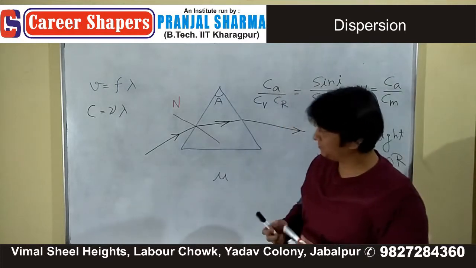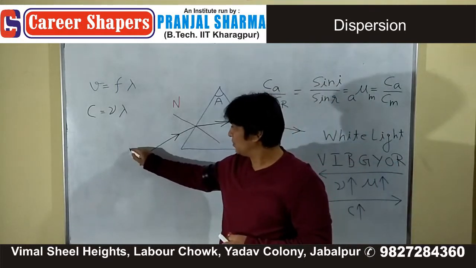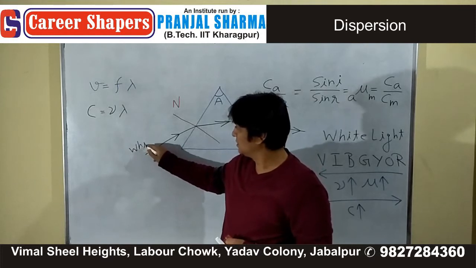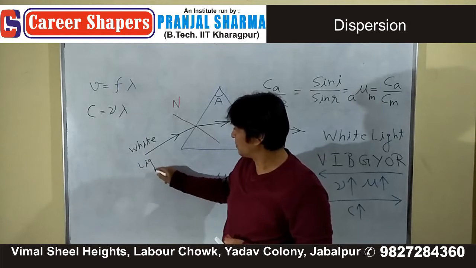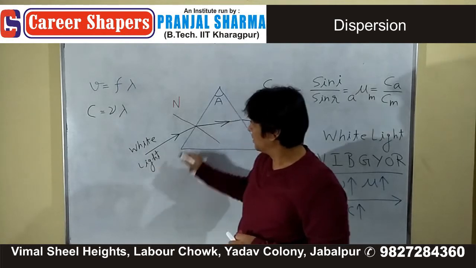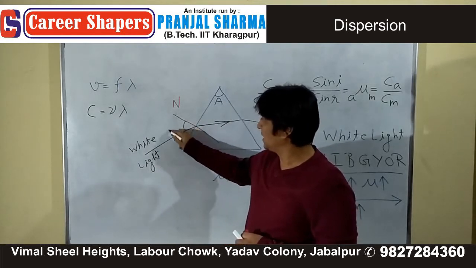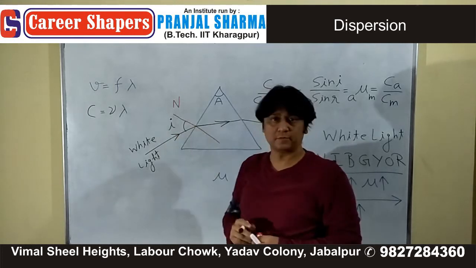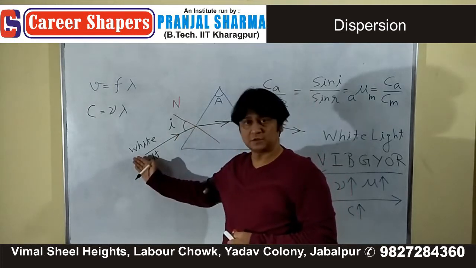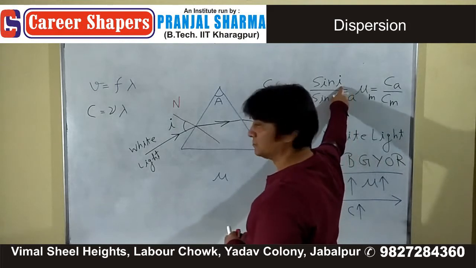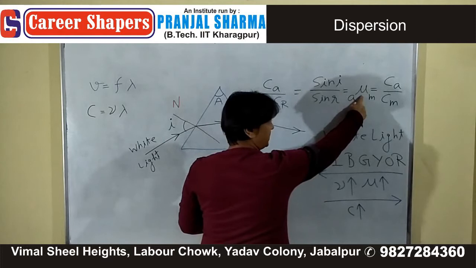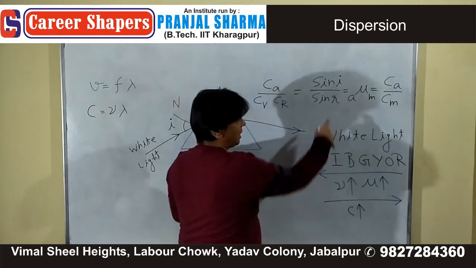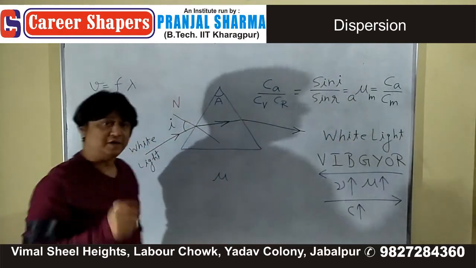This is white light. That means all the colors, right now, the angle of incidence I is the same. For all these colors, I is the same. For all these colors, mu is different, and therefore R must be different.